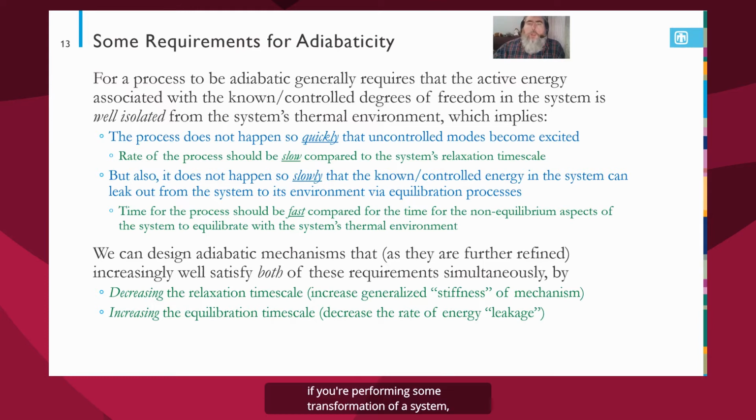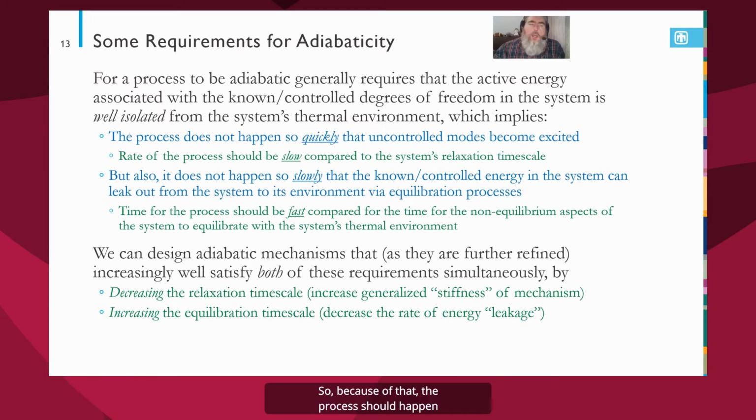If you're performing some transformation of a system, you want to be careful not to transform it so quickly that you end up exciting undesired oscillatory modes or higher energy states of the system, because then those can decay, causing dissipation, and they represent departure of the energy of the system from its desired trajectory.